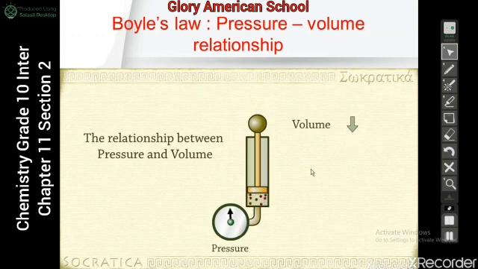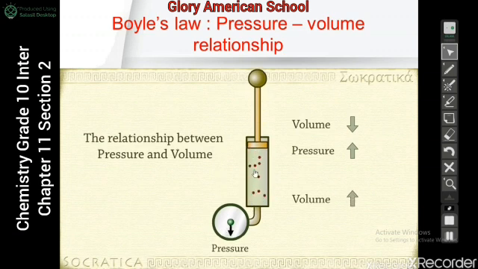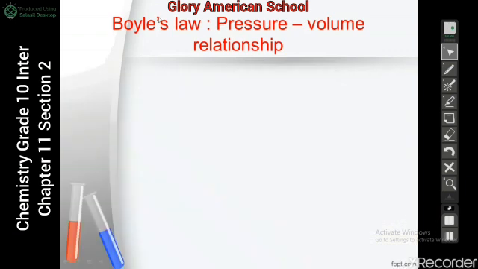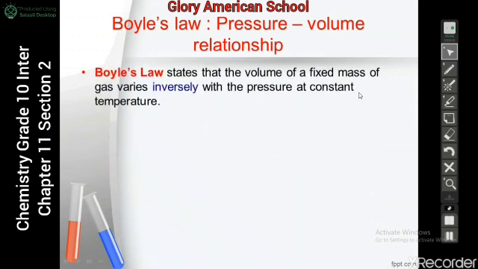The particles will collide with each other and with the container walls more, which means higher pressure. And if we increase the volume of the container, there will be fewer collisions, which means less pressure. So in Boyle's law, the pressure and the volume are inversely proportional.